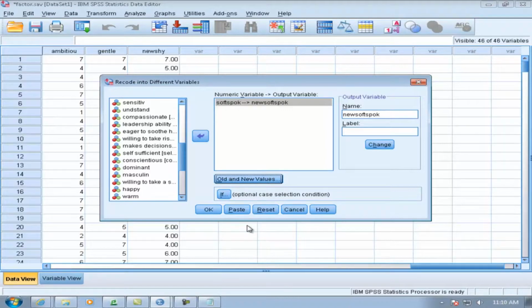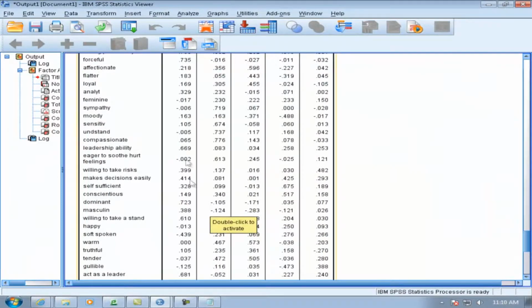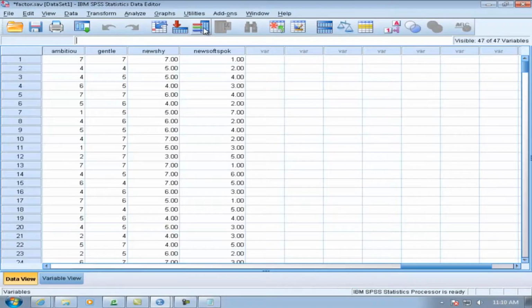Boy, if it does, it's going to be handy, dandy. Okay. Go back to the data. There it is at the end. Do you see it's at the end?